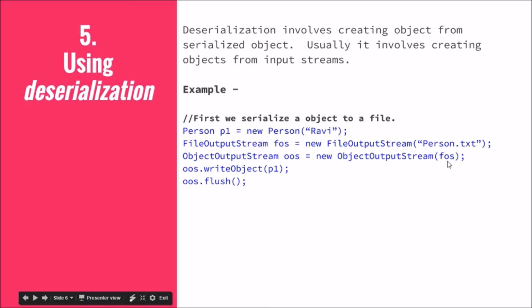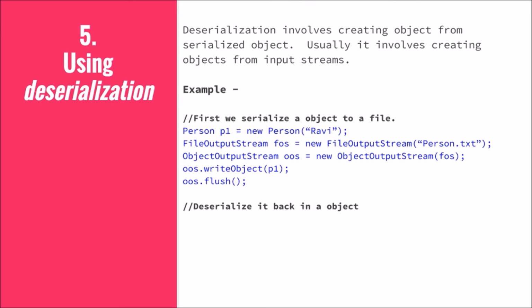That means whatever object is written to this ObjectOutputStream will finally get stored to person.txt. Then objectOutputStream.writeObject(p1). So this p1 object I'm going to write to the output stream. What will happen is this p1, which is an instance of Person, will get serialized and get stored in the person.txt.